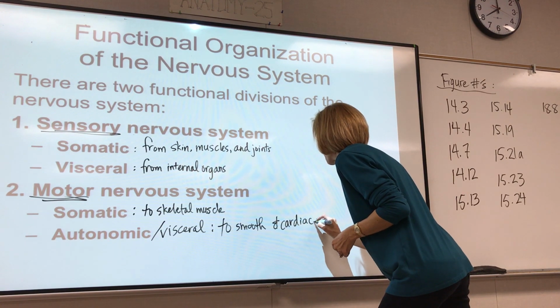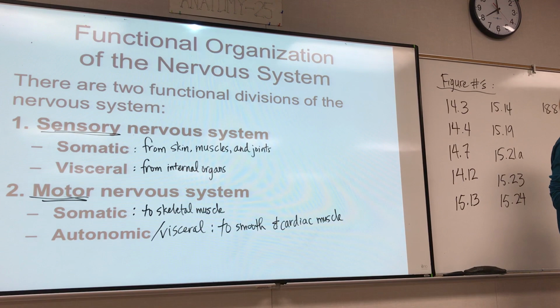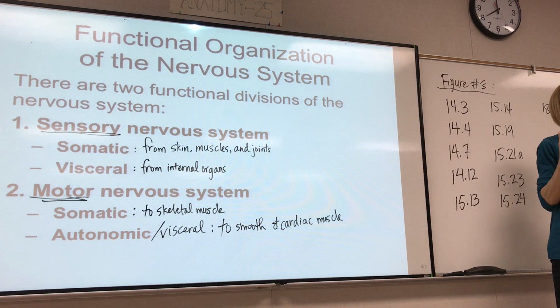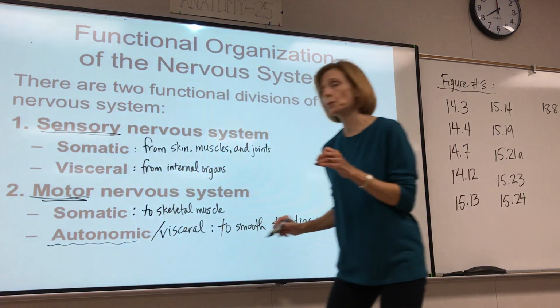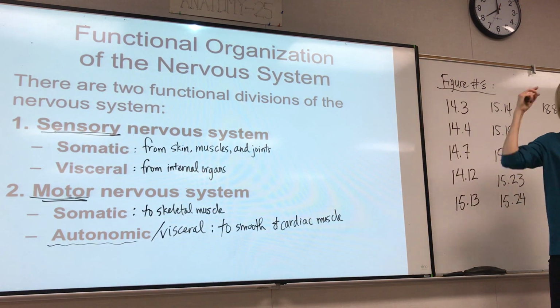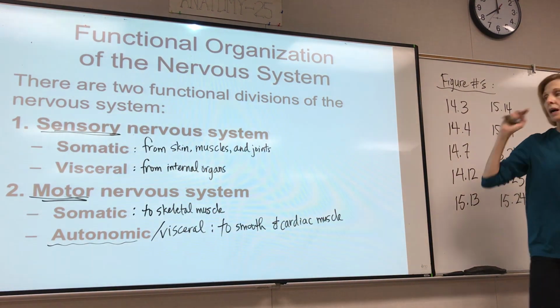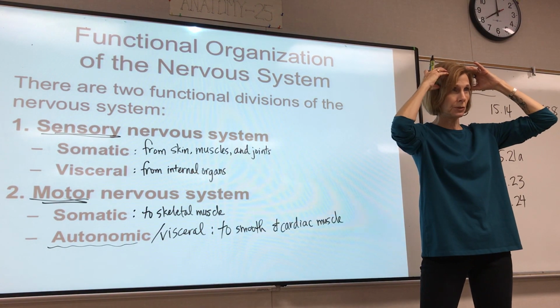These two types of muscle tissue cannot be controlled voluntarily, right? And this is what our autonomic neurons do. They control smooth muscle and cardiac muscle, the stuff we can't control consciously. Autonomic means without our conscious control.